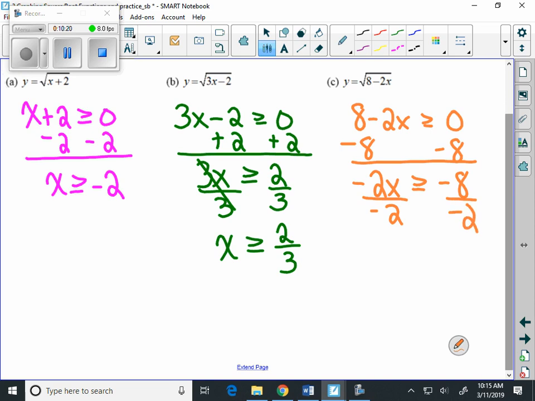And the thing is, when we divide an inequality by a negative, the direction of the inequality changes. Then you do the math, as always. Negative 2 divided by negative 2 is positive 1x. Negative 8 divided by negative 2 is positive 4. So watch out for your signs, and in the inequalities especially.